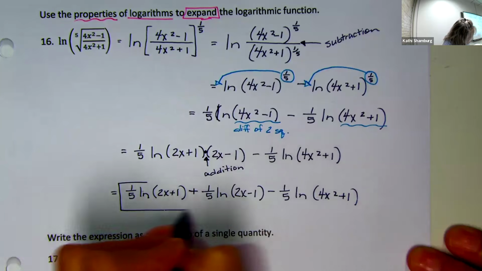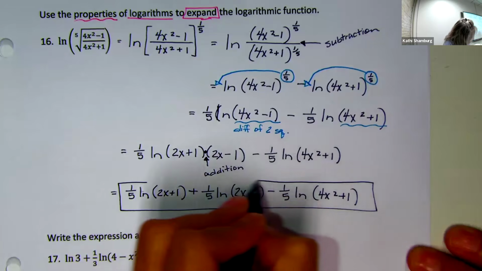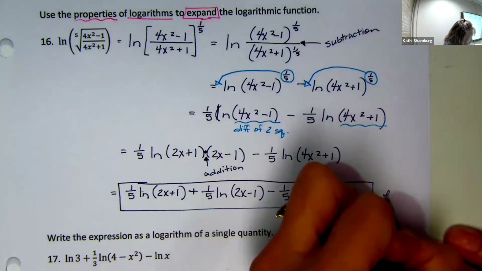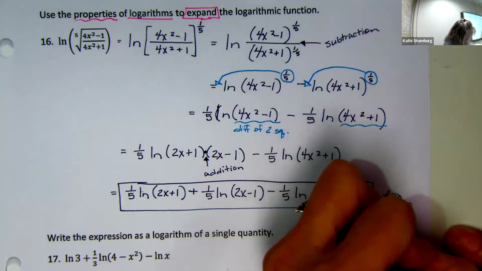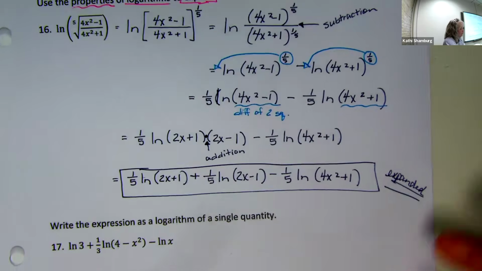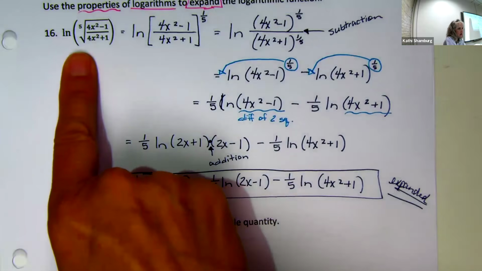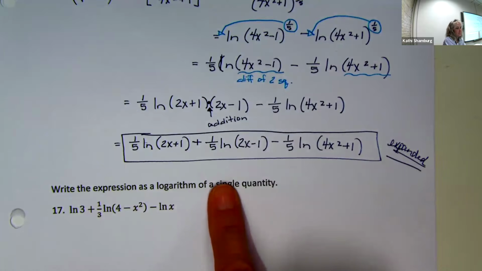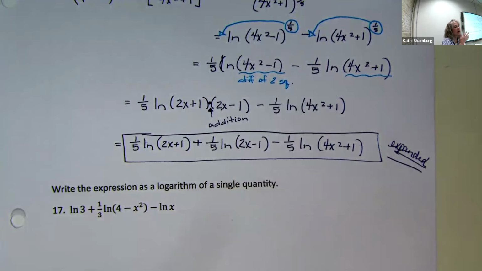So this is in expanded form. So we went from a single natural log to an expanded form. And ln, natural log, if it was log, log, same properties apply.